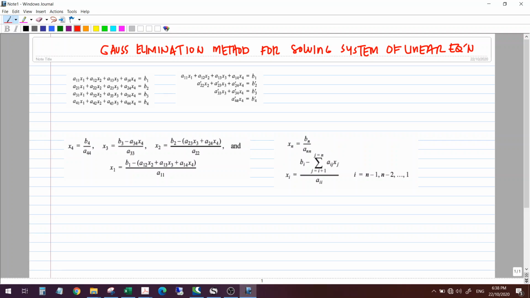Let's say if you want to solve a truss, you can get all the forces of a truss system using a system of linear equation. And we were also able to solve a system of linear equation using just a spreadsheet.